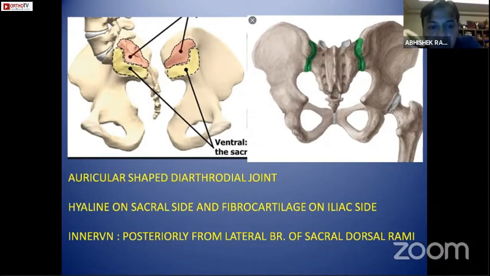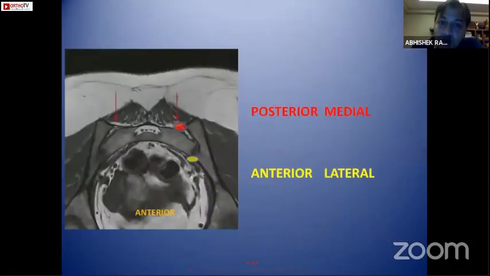The innervation is controversial, as elicited by Shumayon. However, the pain generators are mostly the nerve that enters the joint from the posterior aspect and comes from the lateral branch of the sacral dorsal rami. These are the nerves that are targeted by the injections and are blocked.